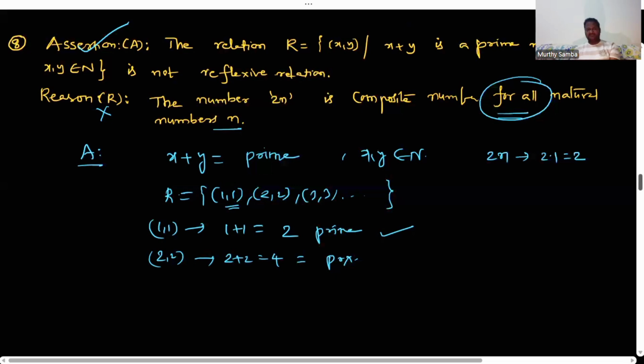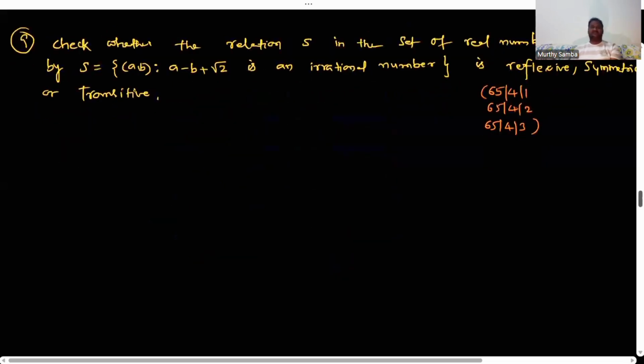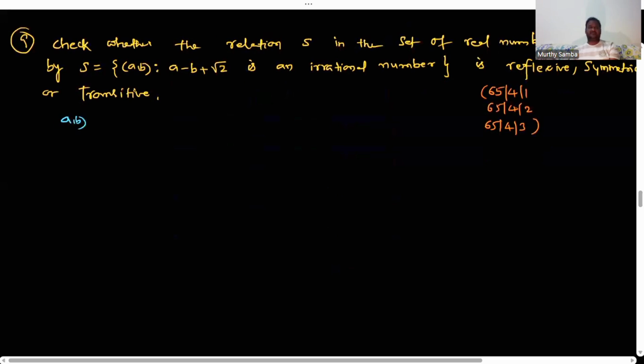Coming to the ninth problem. See, this ninth problem is: check whether the relation S in the set of real numbers is defined by S is equal to a comma b. So here a comma b is defined when a minus b plus root 2 is an irrational number.